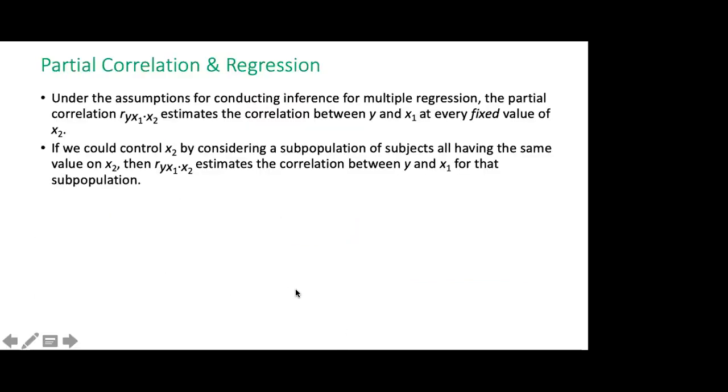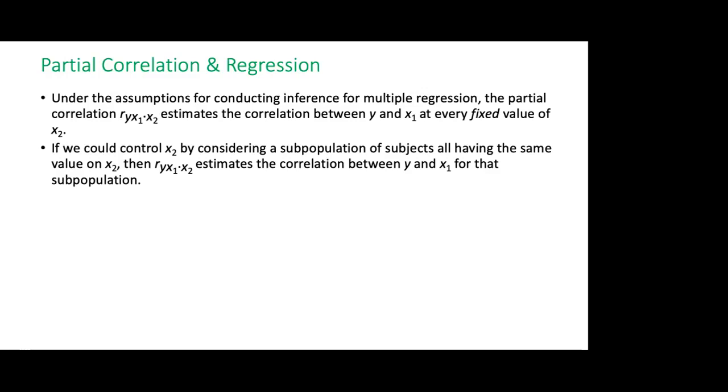All right. So how does partial correlation relate to regression? Under the assumption for making inferences in multiple regression, the partial correlation between the outcome variable y and predictor x1, controlling for x2 on both of them, estimates a correlation between y and x1 at every fixed level of x2.